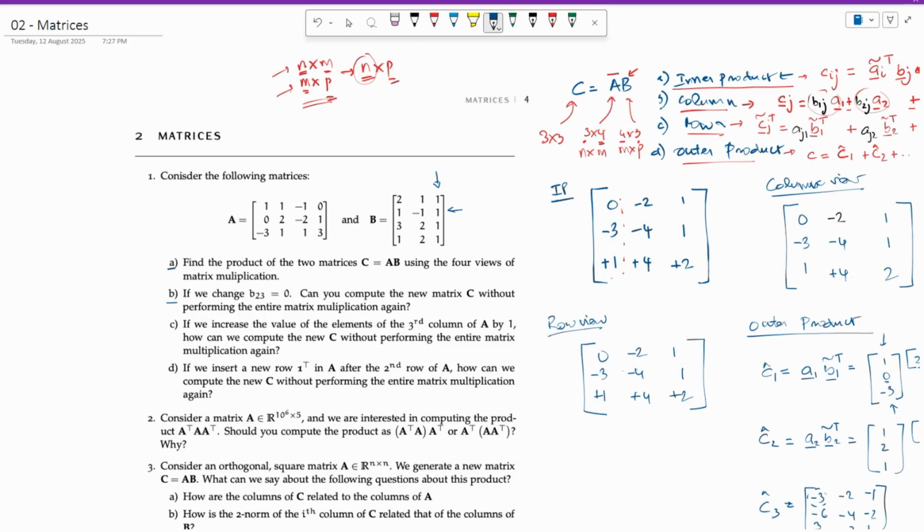Let's look at the column. Does the second column of B impact the first column of C? Sorry, second row. Does the second row of B impact the first row of C? No. Okay. Why?